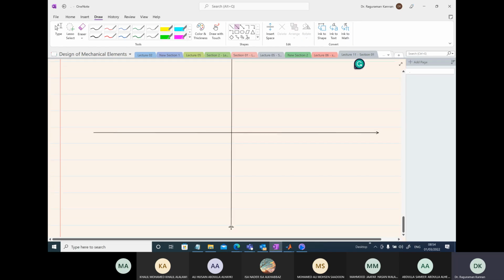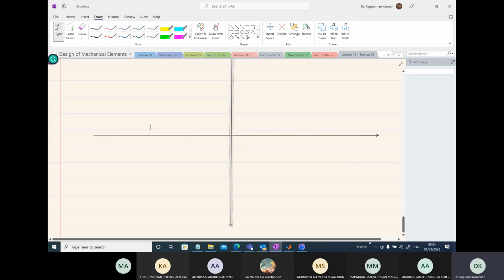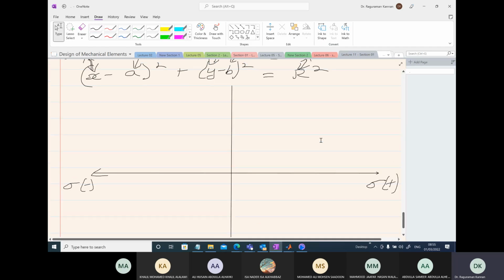Tau is positive downward, sigma is positive right. On the other hand, sigma is negative on the negative side, and tau is negative on the top.